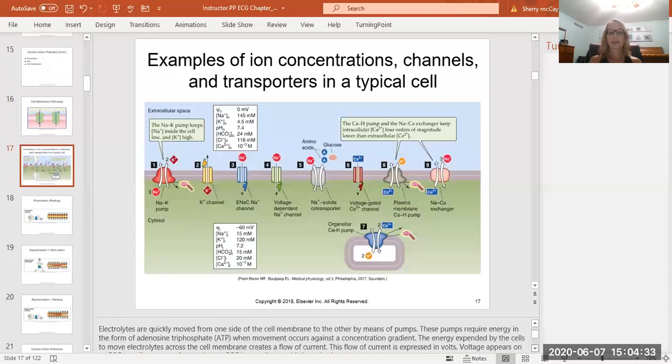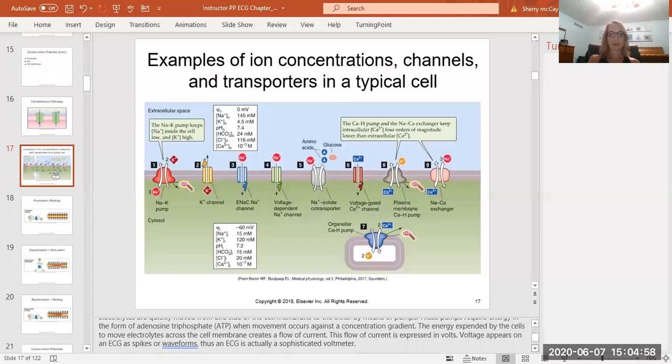Electrolytes are quickly moved from one side of a cell membrane to the other by means of pumps. These pumps require energy in the form of ATP when movement occurs against a concentration gradient. The energy expended by the cells to move electrolytes across the cell membrane creates a flow of current. This flow of current is expressed in volts.